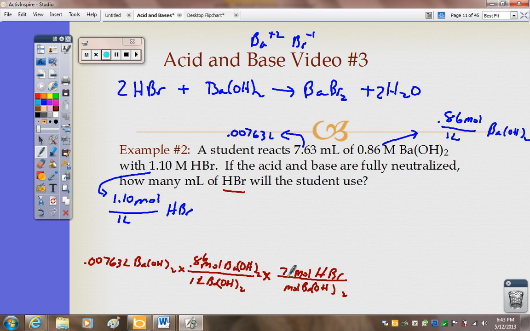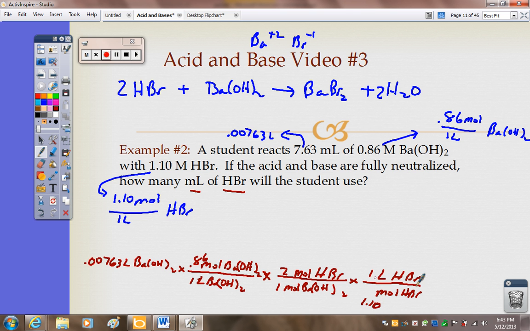Now I'm looking for milliliters of HBr, so I'm not done. Moles of HBr come down. And I'm going to go from moles to liters using my molarity, it's 1.10 moles. So 1.10 moles per 1 liter.